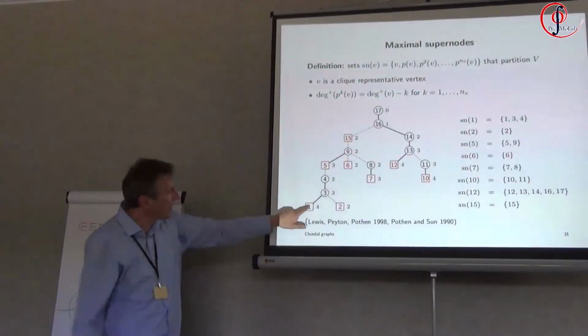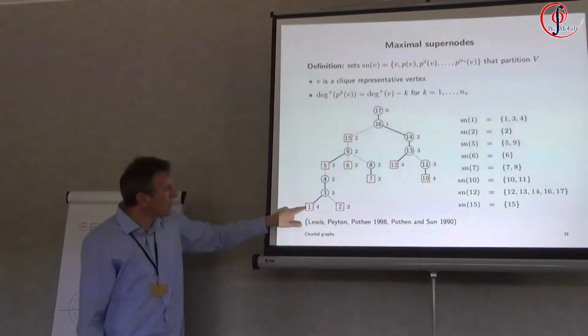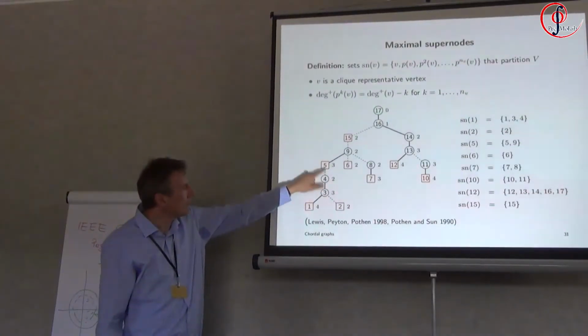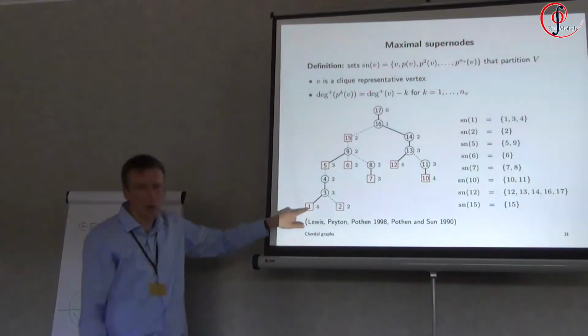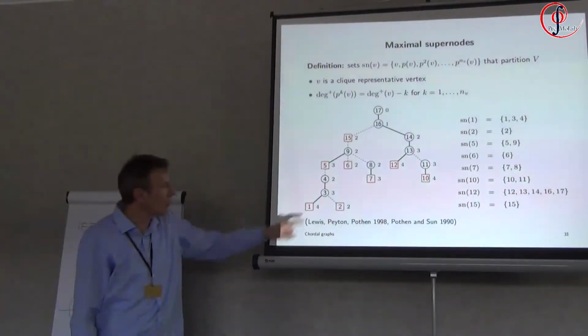Then you can find a path from that vertex to a parent where the degree decreases by 1 at each step. So you take 4, 3, 2, and then there's no parent with degree 1, so you stop. That's called a supernode, a supernode with representative vertex 1.